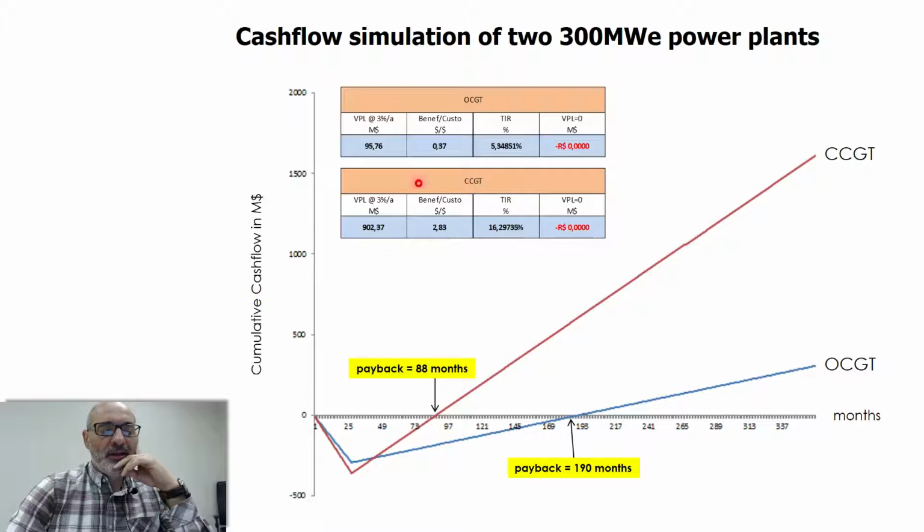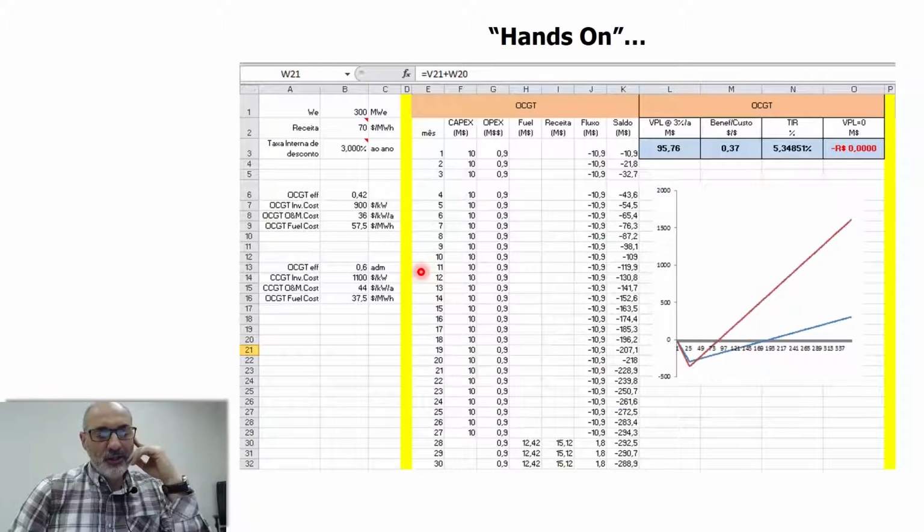These are the numbers, the technical economical parameters, or econometric parameters: NPV, benefit cost, internal rate of return, and so on, comparing both. You see that the combined cycle is a lot better in all comparisons. I have the spreadsheet.